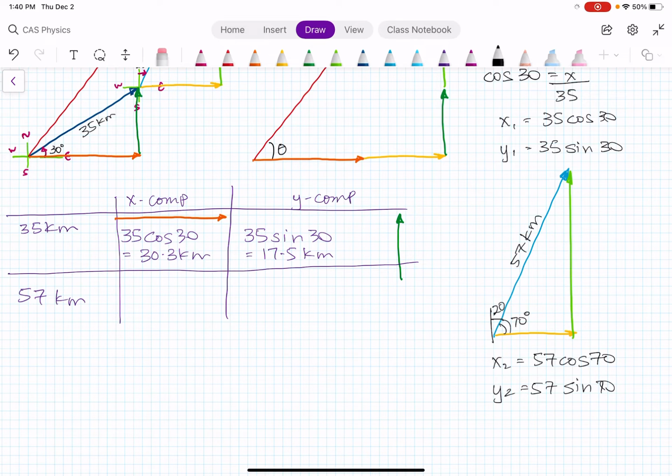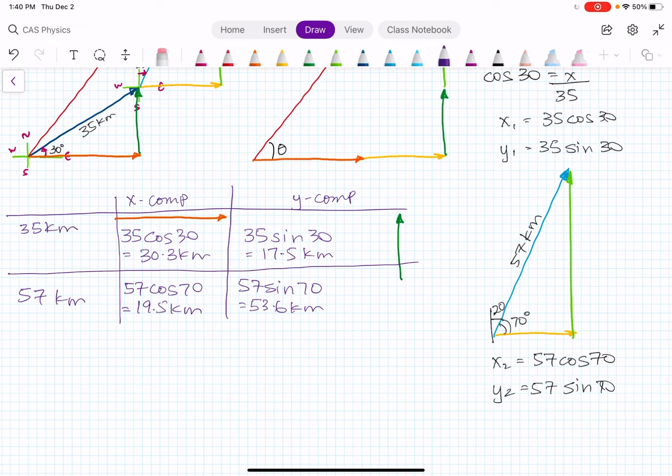All right, and I can put those numbers into my table. So 57 cosine of 70 is equal to, if I quickly do the math in my head, 19.5 kilometers. If I go 57 sine 70, I get 53.6 kilometers. So now I know the values of all of these things.